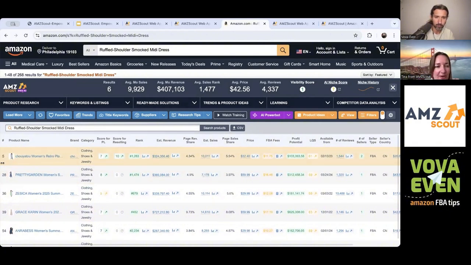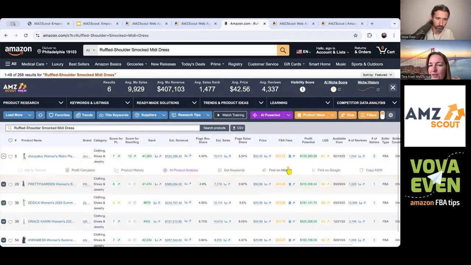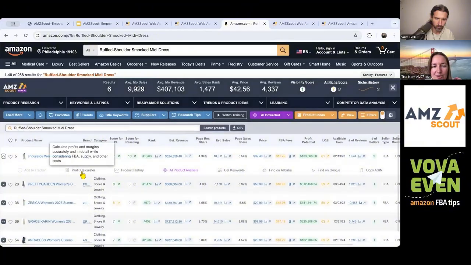The last one, I think, is what I wanted to show is this product menu, which is like the things you can do with this product. You can add it to tracker. I think I've already added it, so it's not active. You can open the profit calculator from here as well. So there are usually different places where you can open stuff.